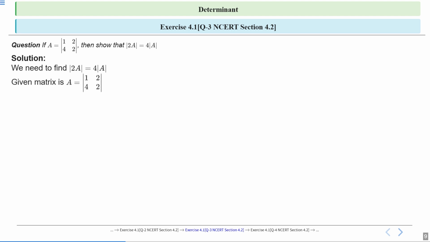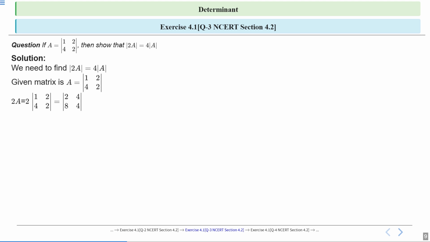So we have to show determinant of matrix 2A is equal to 4 into determinant of A. Given matrix is A equal to 1, 2, 4, 2. The sign of a matrix is the square bracket, and the sign of determinant is this mod sign, the vertical lines.